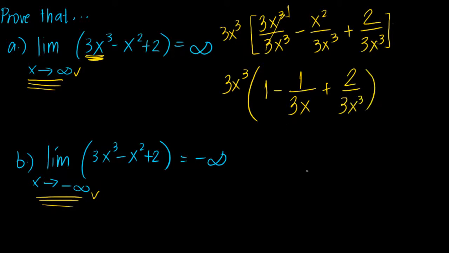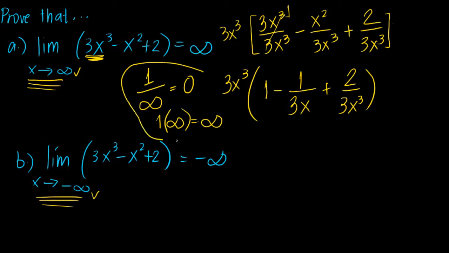Now, remind yourselves that any number, let's say 1, divided by infinity is equal to 0, or at least it approaches 0. So, let's just say it's equal to 0. Okay? And any number multiplied by infinity is equal to infinity. So, remind yourselves this because this applies.